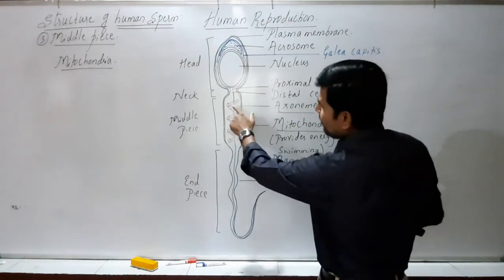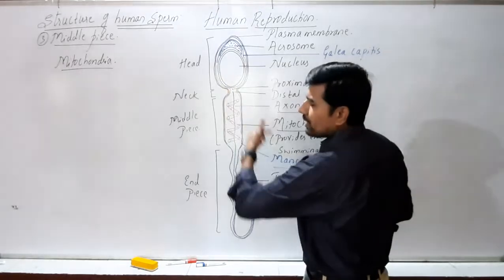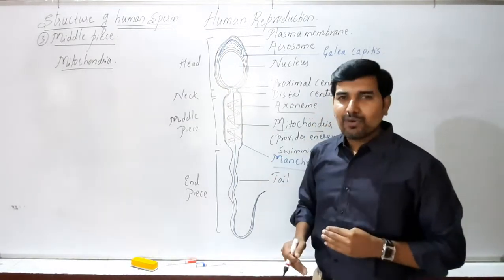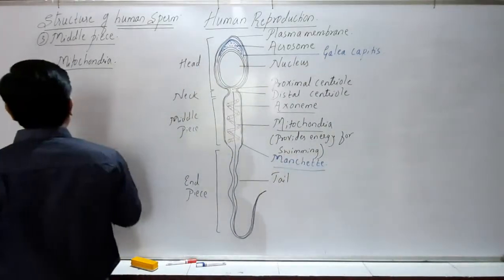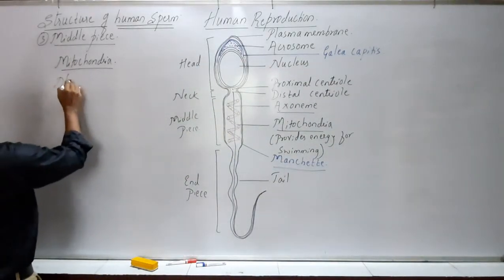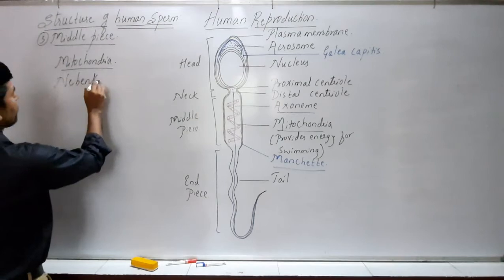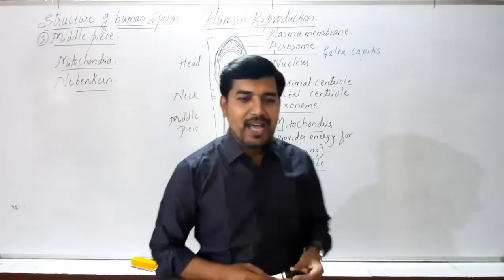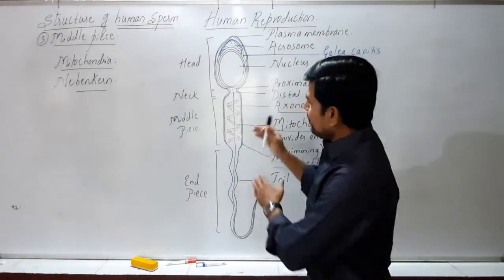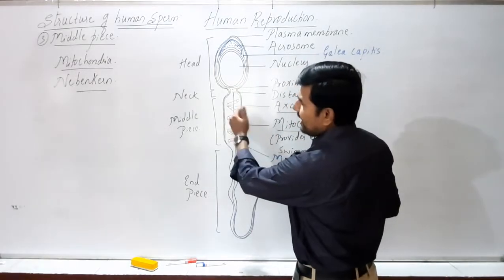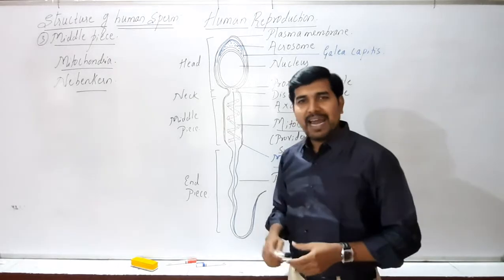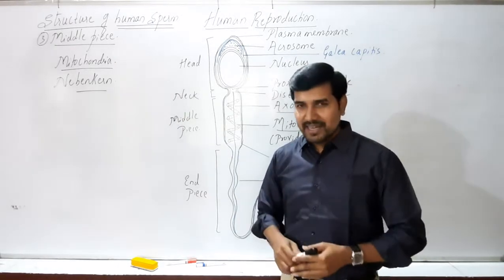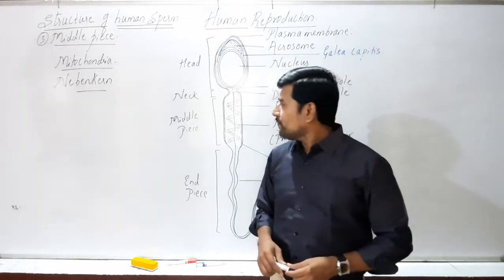This mitochondria also gives rise to a structure called a Nebenkern. This type of Nebenkern is observed in the sperm of some insects like Drosophila.